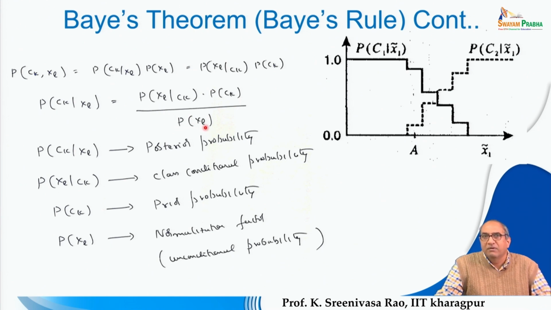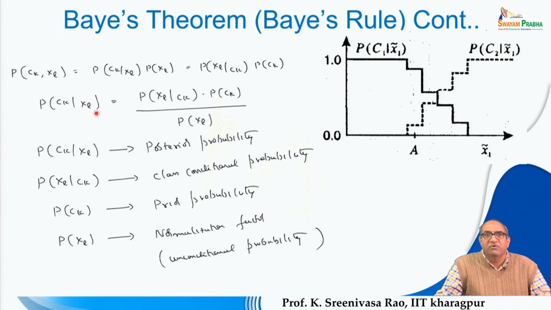It is the probability of X, whatever class it may be. Therefore, when you are estimating the posterior probability, the role of this probability of XL remains the same across all the classes, so its effect will not be there in estimating the posterior probability. It is also a normalization factor.